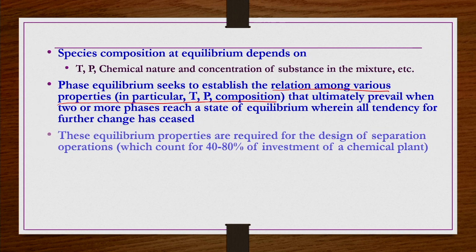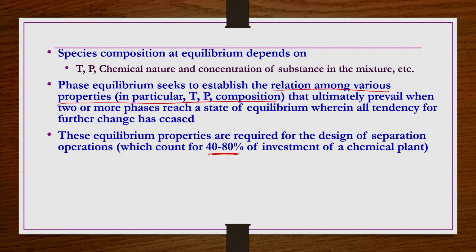Okay. So, these equilibrium properties are required for the design of separation operations, which account for almost 40 to 80% of the investment of a chemical plant. So, such is their presence: out of whatever amount is invested in designing and then installing a chemical plant, 40 to 80% of the cost is required for this kind of separation processes.